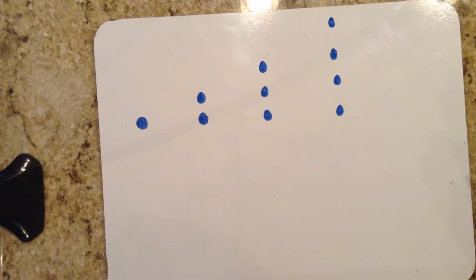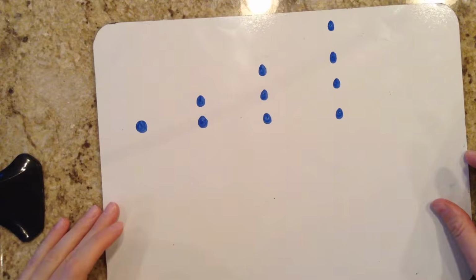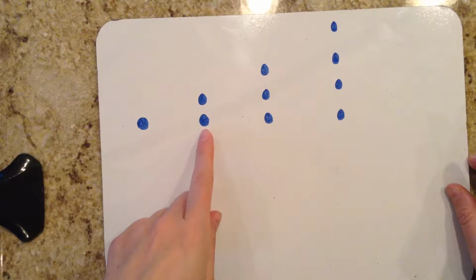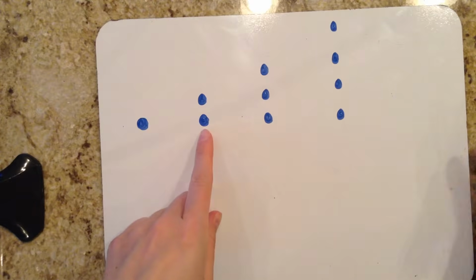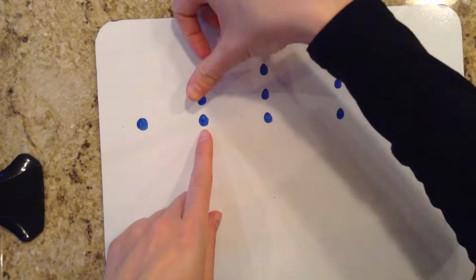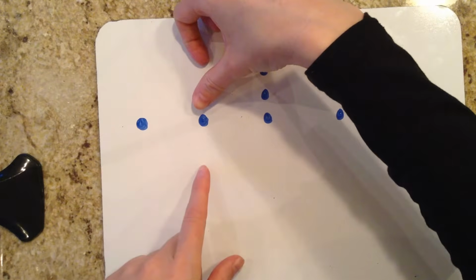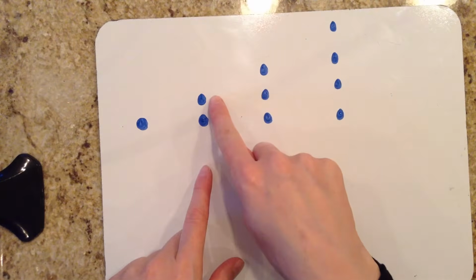This is an example of an increasing pattern. Increasing means growing. In this pattern, I started out with 1, and then when I went to the next term or figure, at the beginning it was exactly the same as the last term, but I grew by 1. I got 1 bigger.